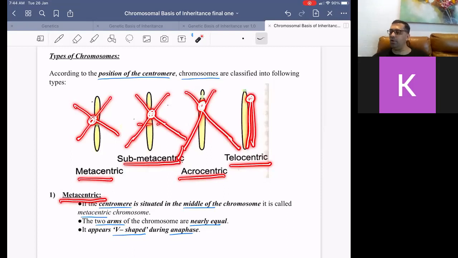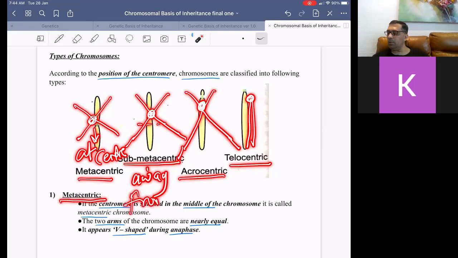So metacentric is centromere at the center. Submetacentric is away from the center. Acrocentric is near the terminal end.